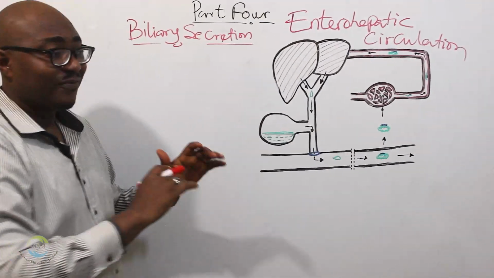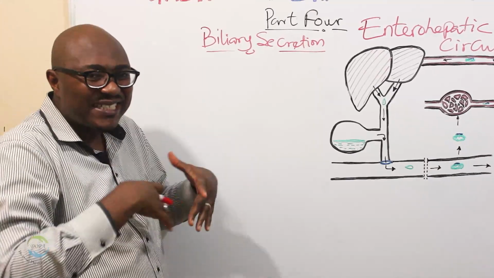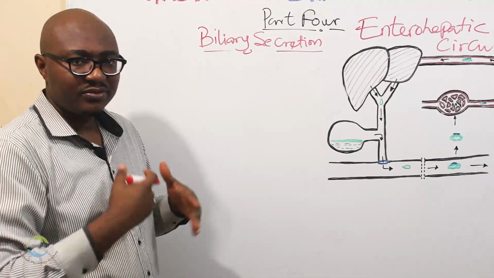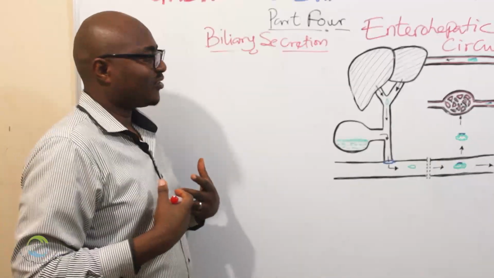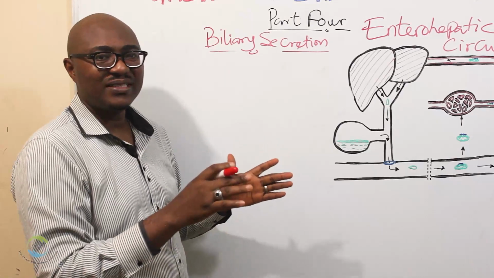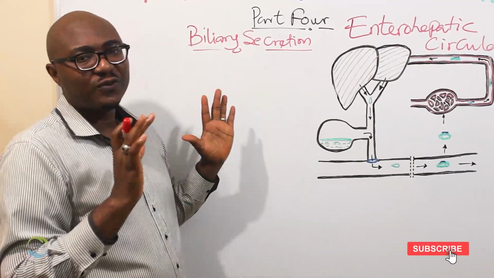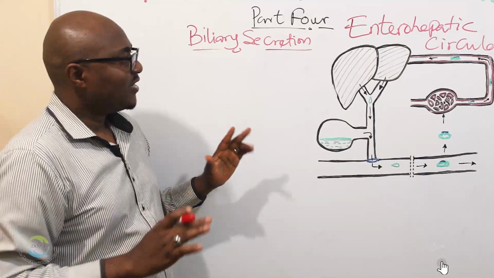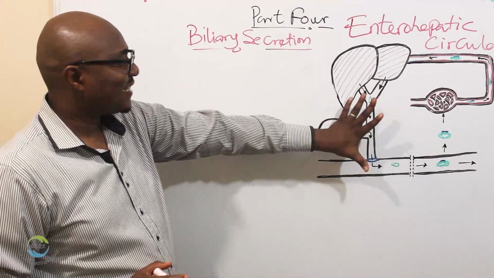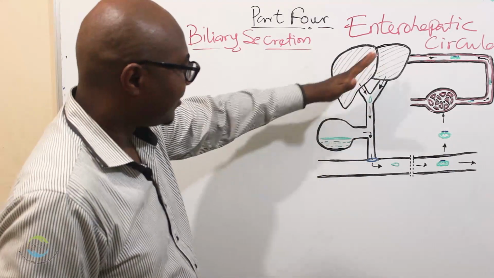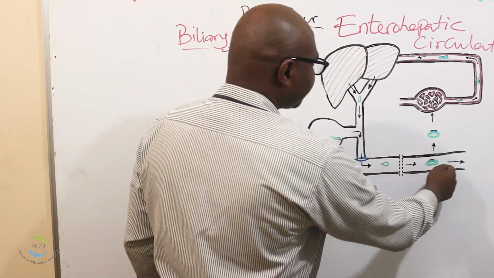Okay, now what is in vogue, especially in developed countries, is called recycling. Recycling of what? Of wastes, in the sense that you turn something that's supposed to have been discarded as waste and transform it into something that is still useful. Recycling. So it starts from the body. So this is a form of recycling. Look at this liver, this gallbladder, and this is the duodenum.